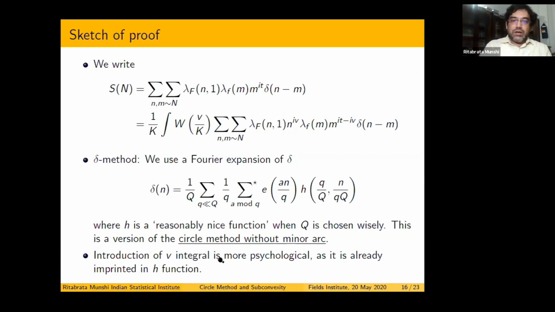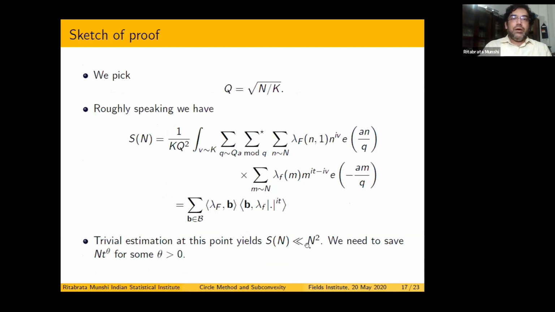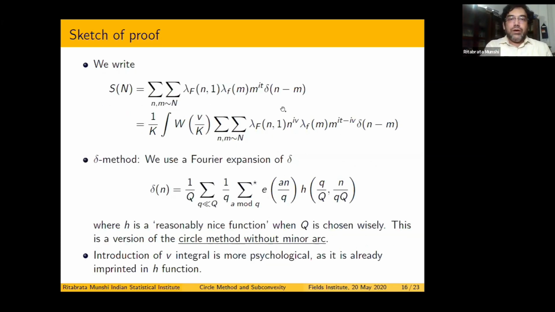So this is a circle method without minor arcs. Now I'm going to pick my Q to be square root of N by square root of K. The reason is why I introduced the integral.